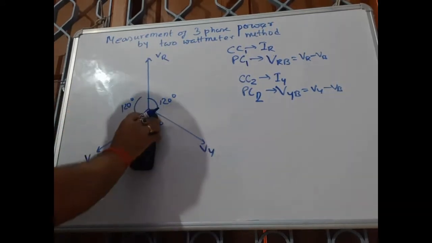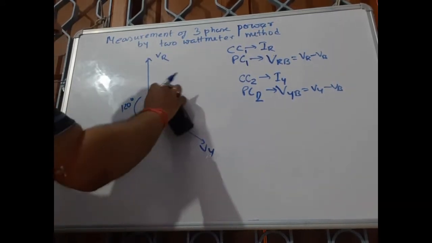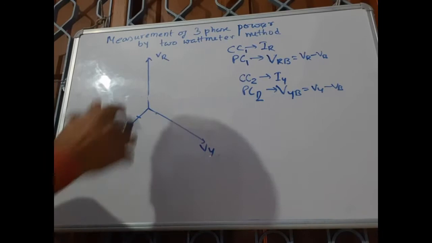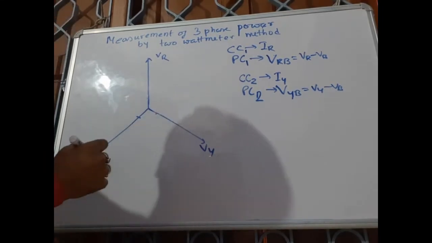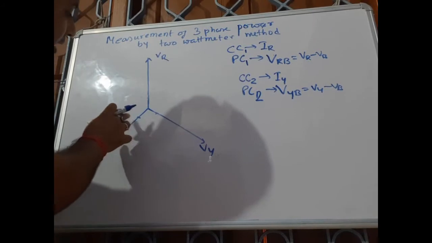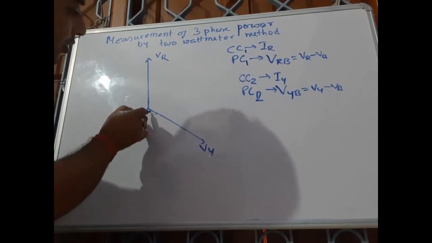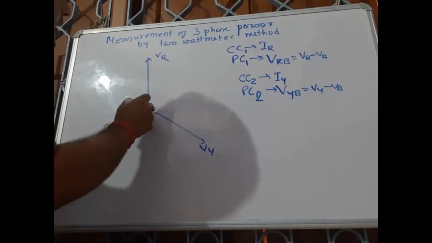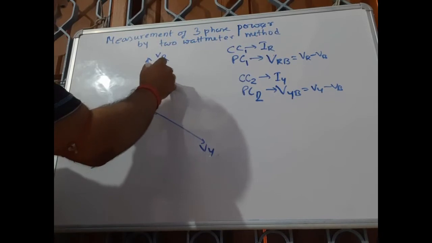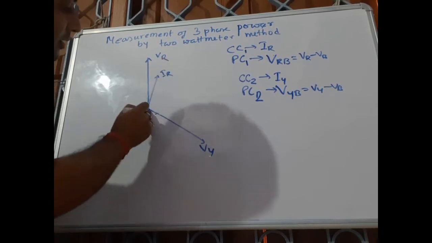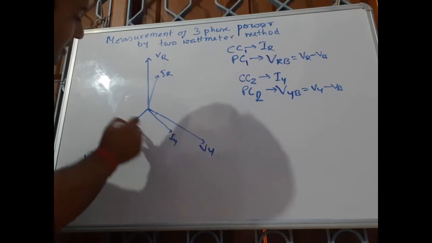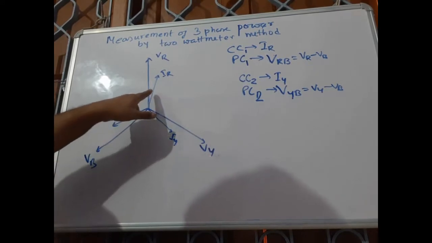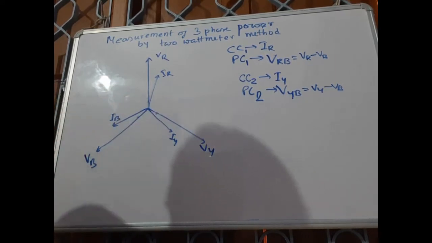So I am just erasing this because I don't need the angle for this analysis. Okay, and if these currents are lagging, then this will be IR, this will be IY, and this will be IB, right? Now these currents are also 120 degree apart.